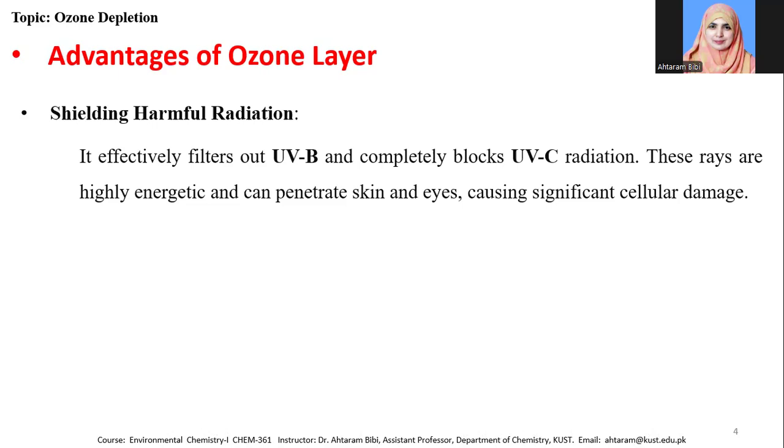So if UVB and UVC radiation reach the troposphere, they can cause different types of disease in human beings. So the ozone layer in the stratosphere acts as a shield against harmful radiation.